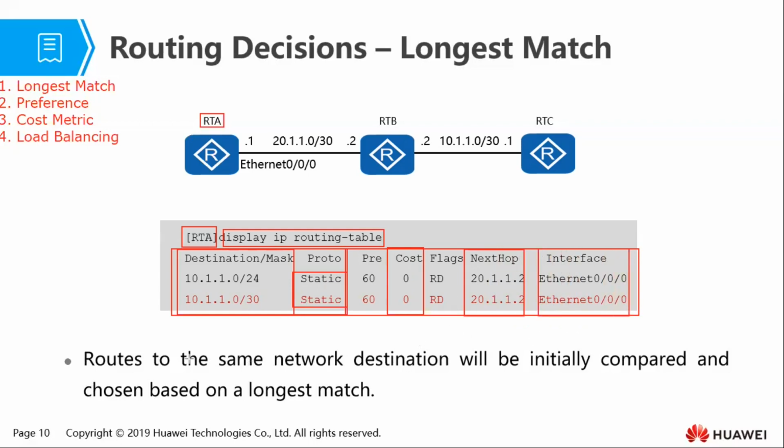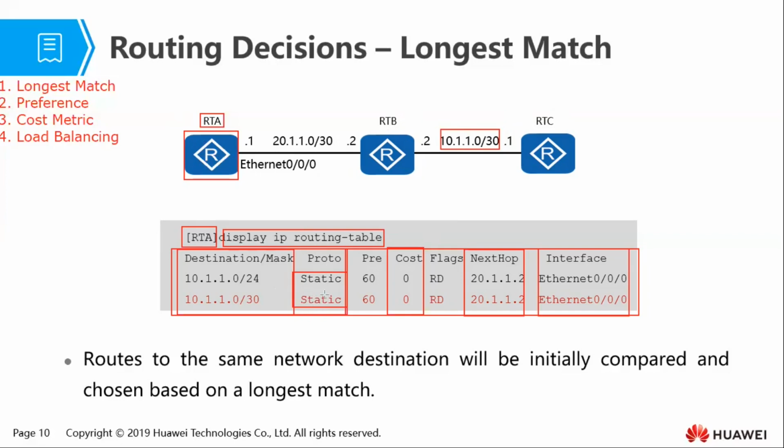So let me just explain. In this particular example, we have the 10.1.1.0/30 network between RTB and RTC. That network has been configured manually in this router. That's why here on the protocol we are seeing static.